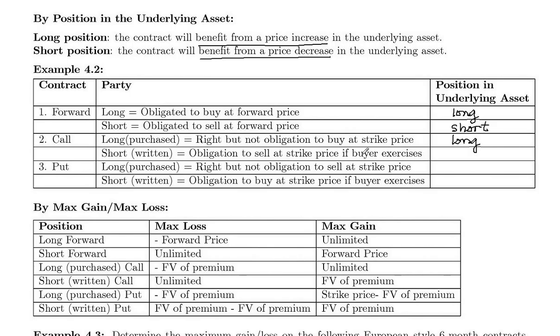So that call is going to expire worthless, and you received premium for that call because you were the writer, so you benefit from price decreases. So you have a short position.